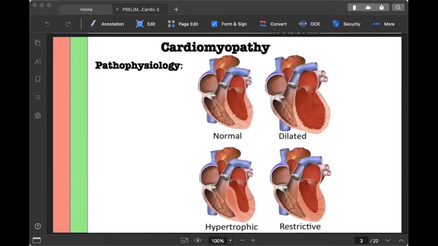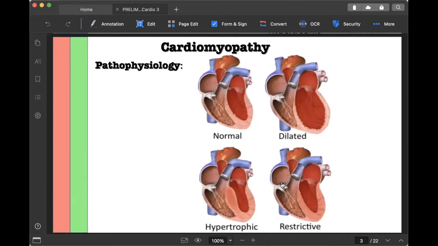What is happening here is the blood flow becomes stagnant, or there's slow movement of the blood flow, and this is quite evident in the chambers of the heart, because the heart is dilated, hypertrophic or restrictive.